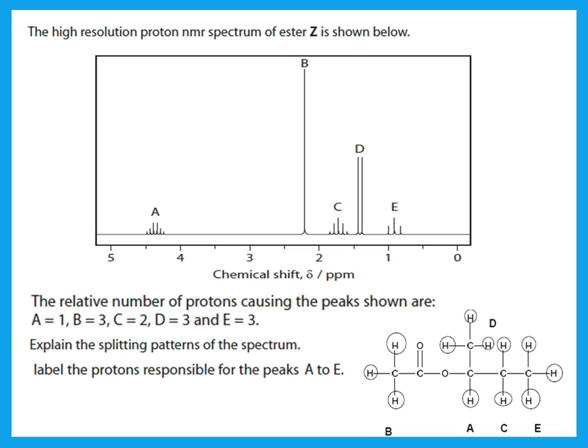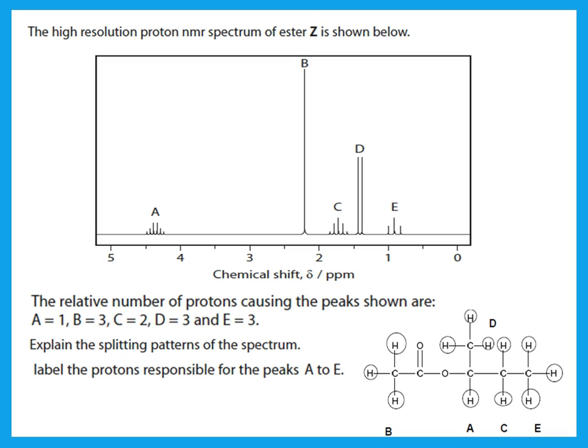Now, which one is A? A is the CH that is next to the oxygen. We said a carbon that is attached to an electronegative element, its hydrogen will be further down to the left. So that is the A. And how much is it split? It is next to carbons that have 3 hydrogens on one side and 2 on the other. So it will be split into 6. 2, 4, 6.